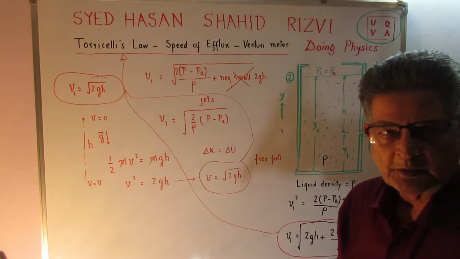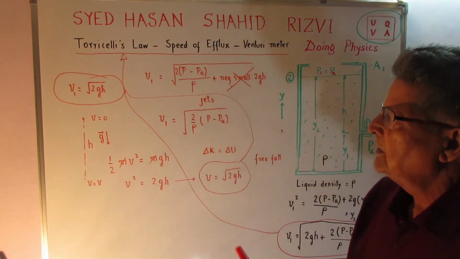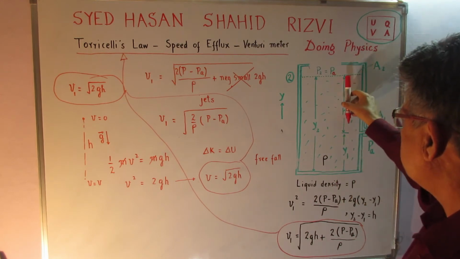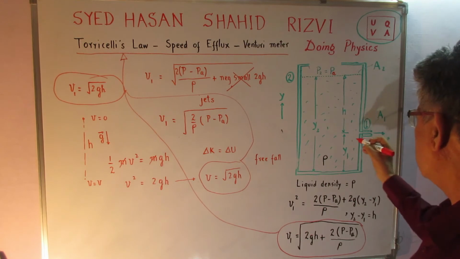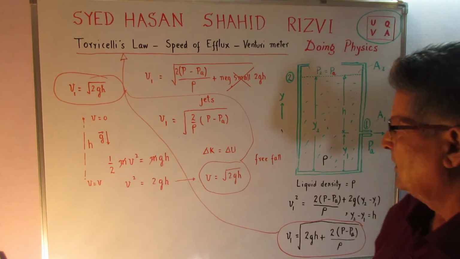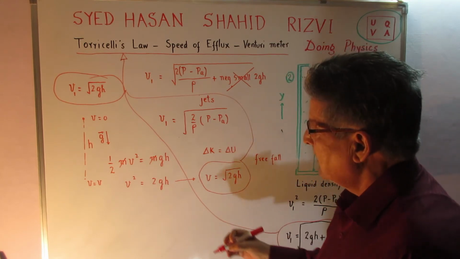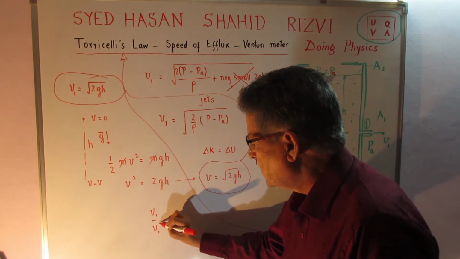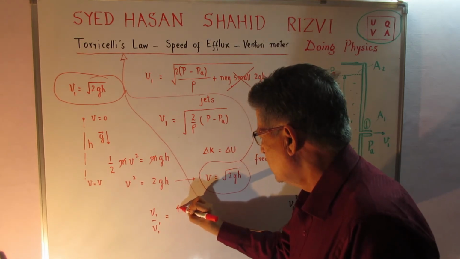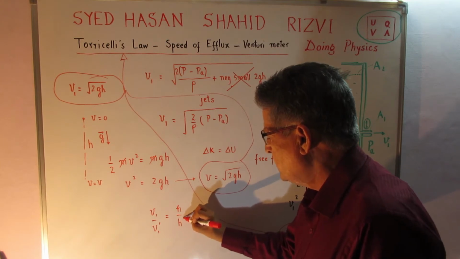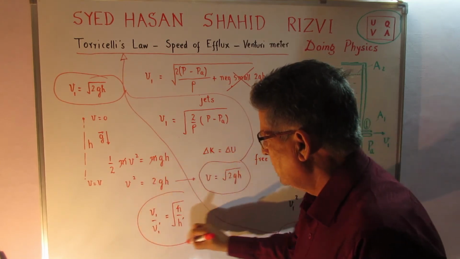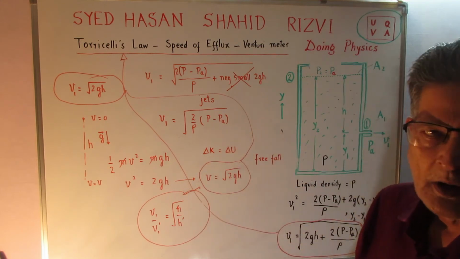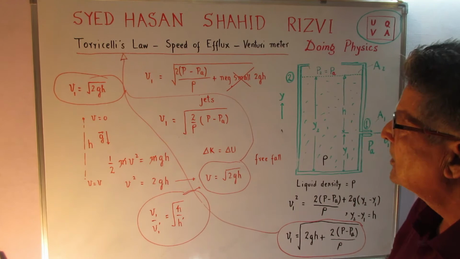I hope I have been able to emphasize that in case the two pressures are the same and there is a difference in the height h, then if there is one height h1 and another height h2, we can write v1 upon v2 is equal to under root of h1 upon h2, whatever way you want to remember, it's up to you.